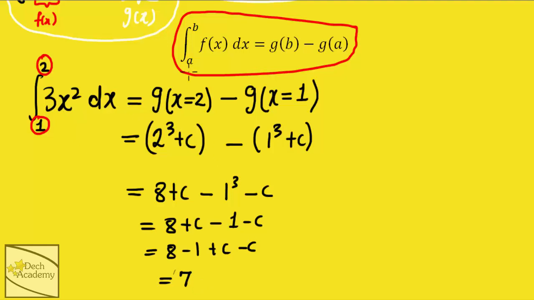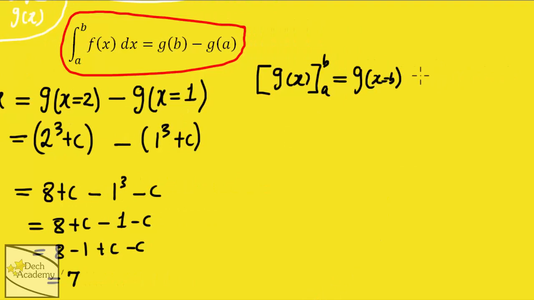Now the notation. Instead of writing g of b minus g of a, we can just write g of x with b and a as limits, and that's understood to equal g of x equals b minus g of x equals a, and you can just write that as g of b minus g of a.